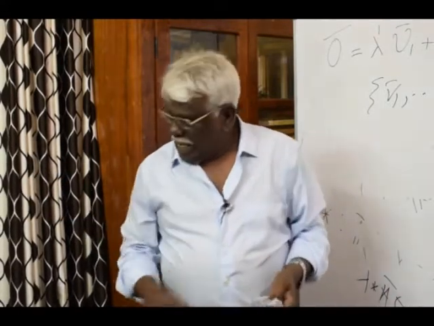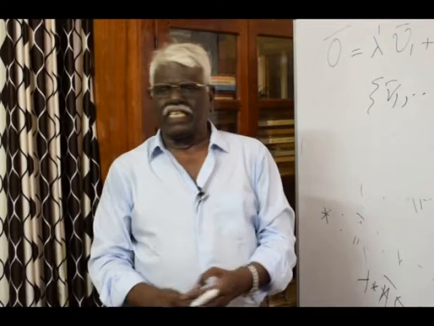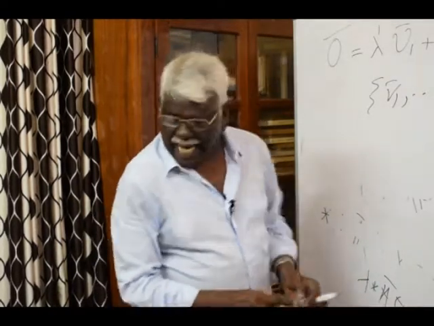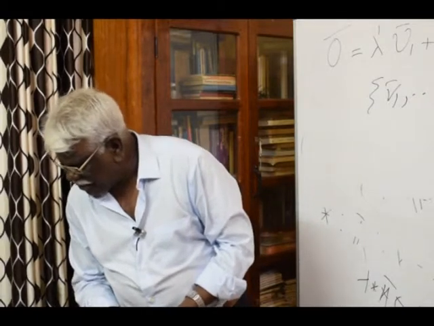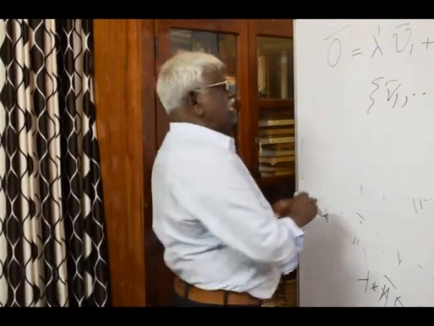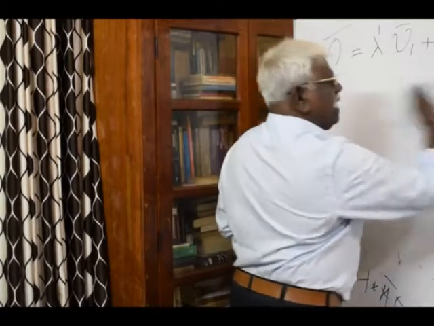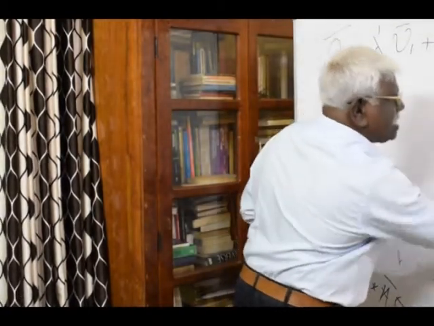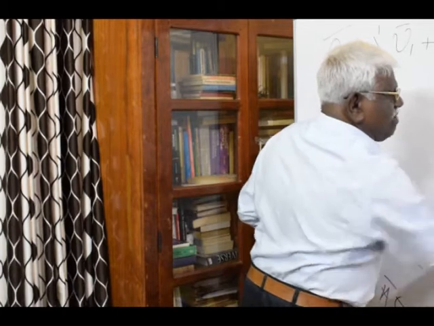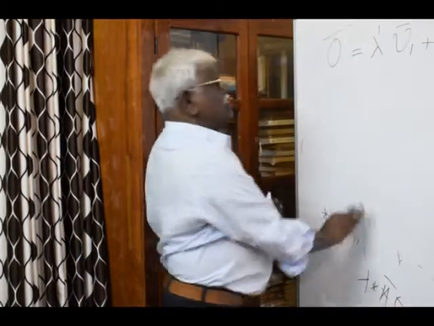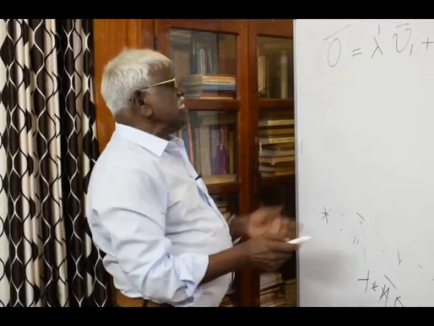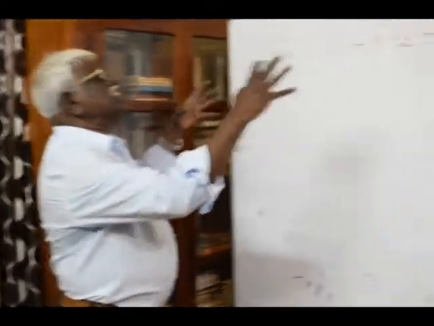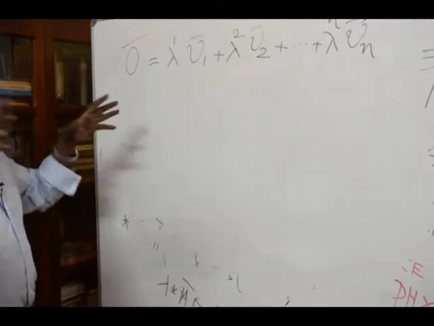Okay. Now, in an n-dimensional vector space, any non-zero vector can be expressed as the sum of these linearly independent vectors.